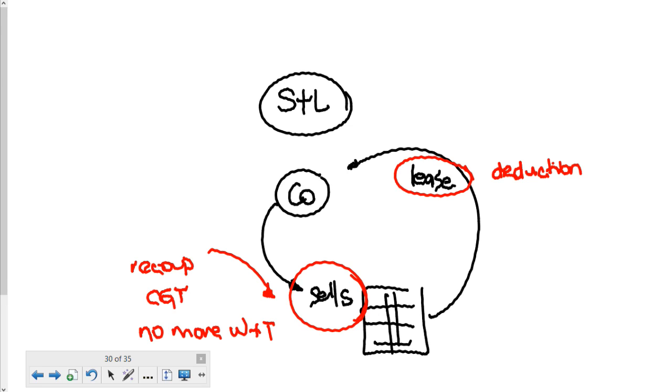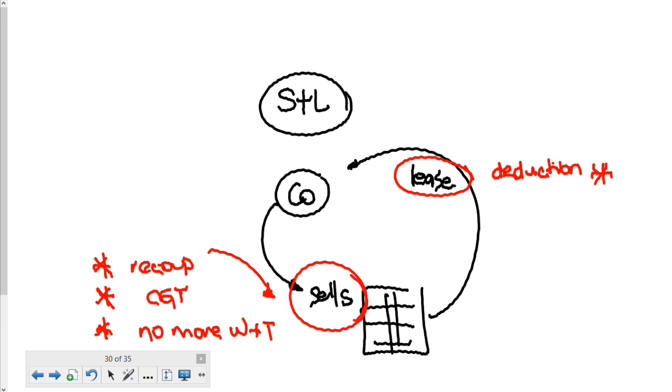Every single one, SARS will recoup and apply CGT, if there was CGT, but in none of the examples we've seen was there CGT. We didn't ever sell the machines at more than cost. And he won't give you any more wear and tear. He's going to give the lessor the wear and tear, because from his perspective, the lessor now owns the asset. And on the lease that you're then paying, he will give you a deduction.